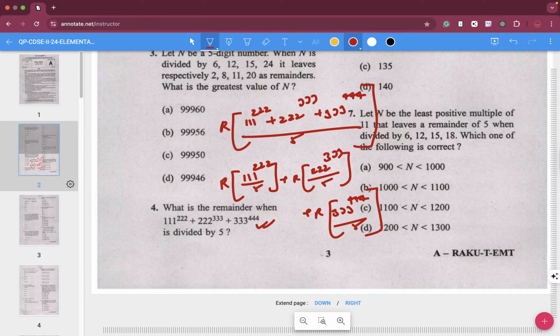Basically, the operations of multiplication, addition and subtraction hold good with remainders as well.